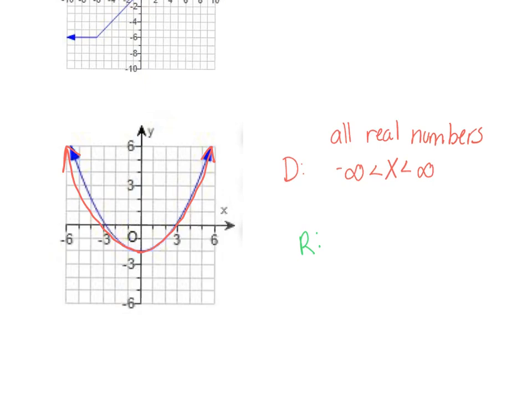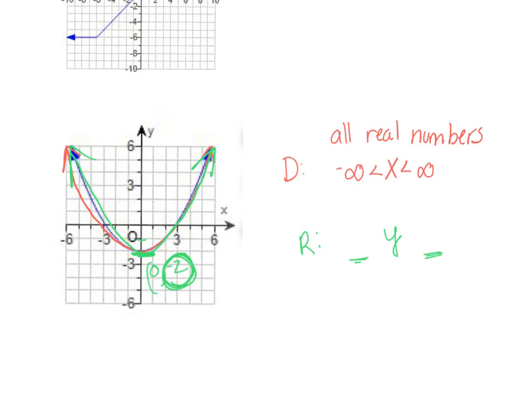When I look at the range, my lowest y value occurs right here, at 0, -2. So my lowest y value is -2. Any other y value is going to be greater than -2.